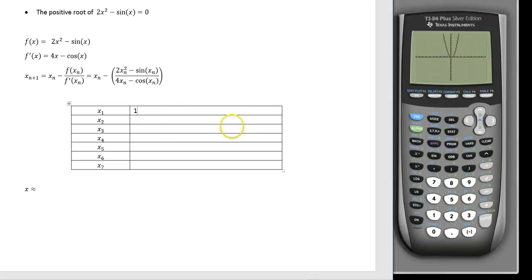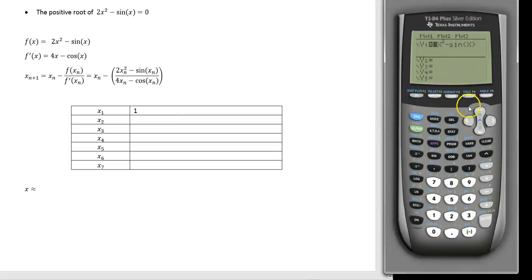So 1, and then coming over to y equals, we need to enter in our approach. So x minus, parentheses around the function in the top, so 2x squared minus sine, then in parentheses, divided by, parentheses around what's in the bottom, 4x minus cosine.